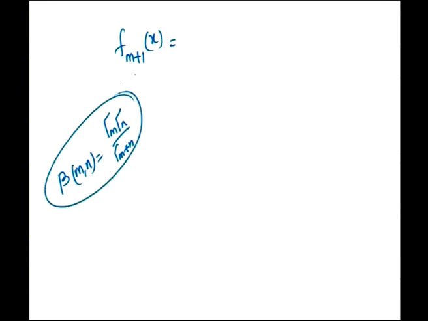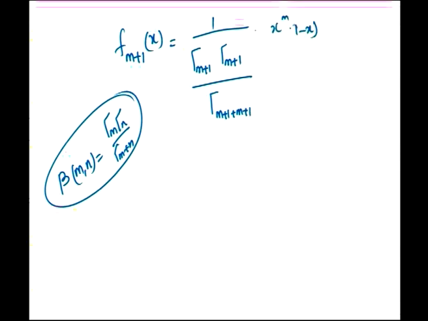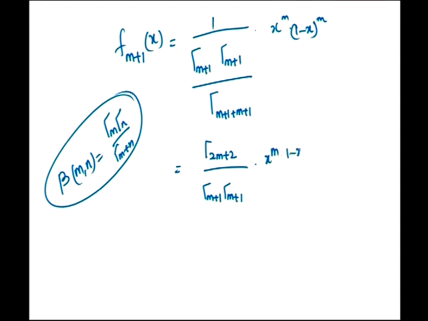So, using this formula, we write it here: 1 divided by (gamma m plus 1 into gamma m plus 1 divided by gamma of m plus 1 plus m plus 1) into x power m into (1 minus x) whole power m. So, this is actually gamma 2m plus 2 divided by gamma m plus 1 into gamma m plus 1 into x power m (1 minus x) whole power m.